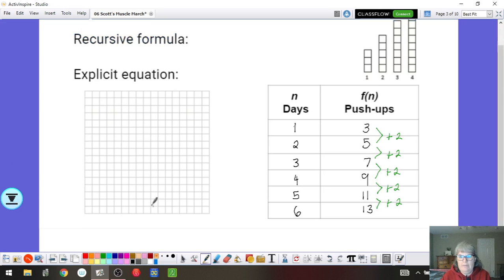So let's graph this. N is the day number, so I'm going to label my x-axis, which is my n, day number, and I'm going to label the y-axis number of push-ups.